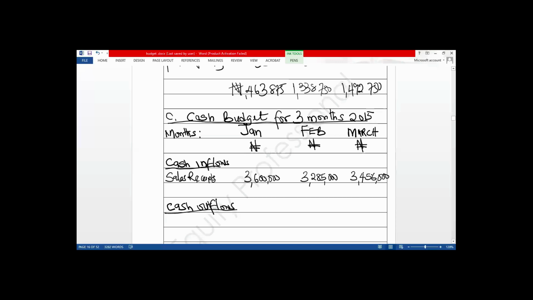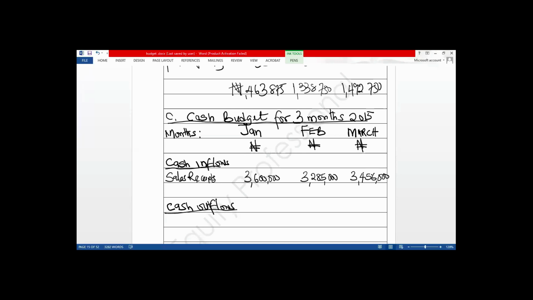You have gotten your sales receipt in cash. Cash collected in January, 3.6 million. Cash collected in February, 3,285,000. Cash collected in March, 3,456,000.